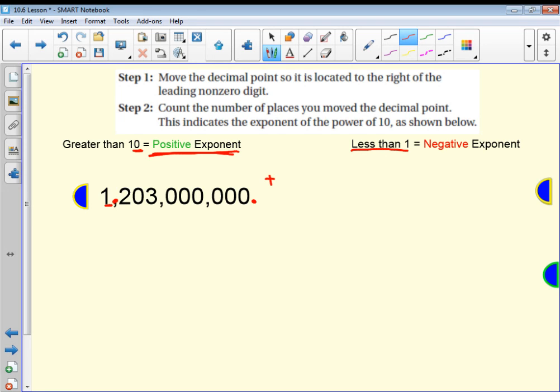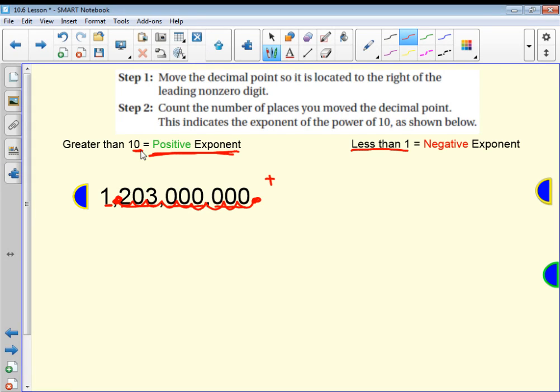So I'm going to count how many places are in between my two decimals. That's how many places I moved. It's going to give us 1, 2, 3, 4, 5, 6, 7, 8, 9 numbers between. I like to mark the two decimal places and then count between them.